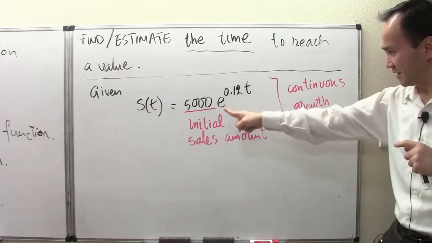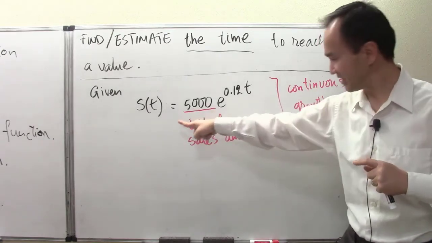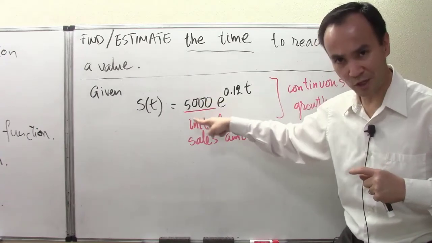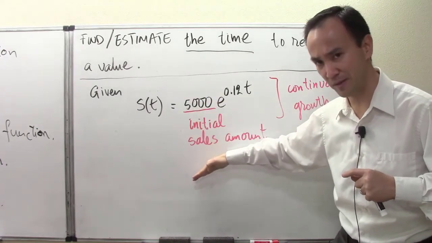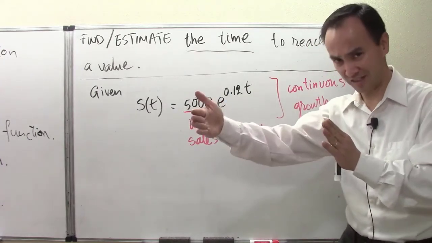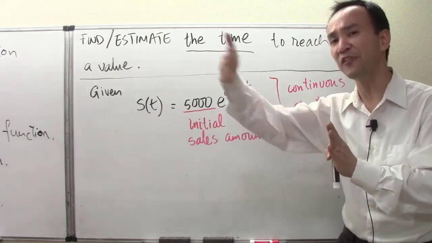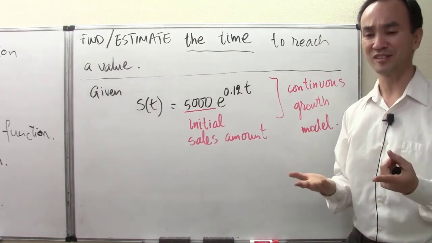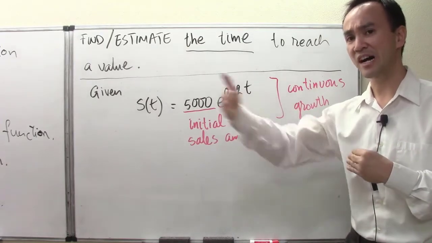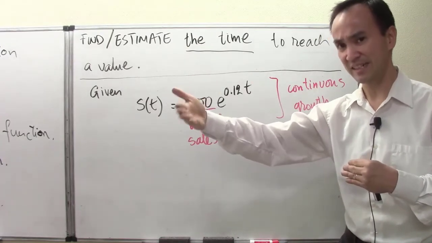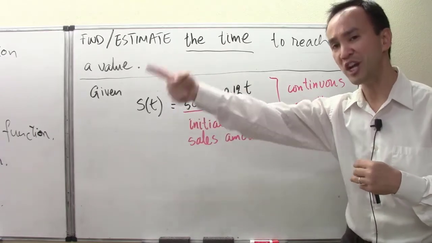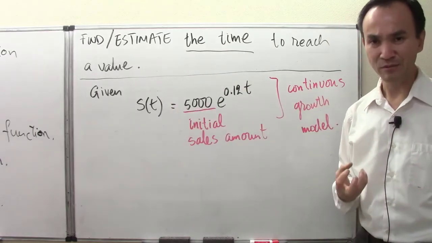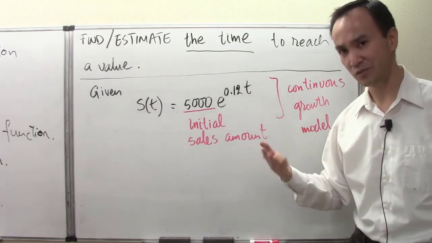And I highlighted that this 5,000 as the coefficient here is the initial sales amount. That means 8,000 is some future amount, some amount in the future. But now the question is, when? How much time, how many years will it take to reach 8,000?